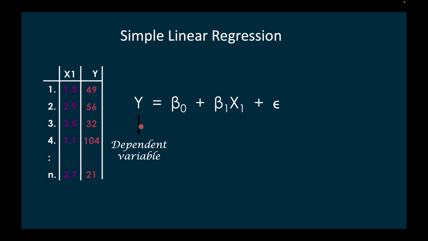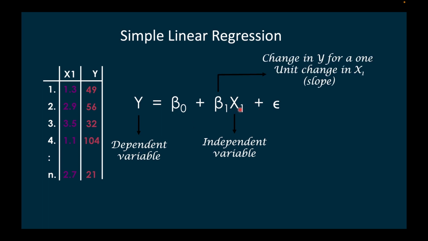Y is our dependent variable or target that we want to predict based on the value of x1, which is our independent variable. In fact, the prerequisite for regression is that y must depend upon x in some causal way. Whenever there is a change in x, such change must be reflected in y.